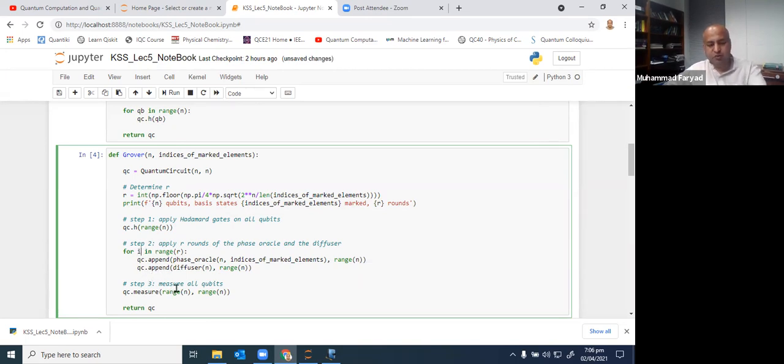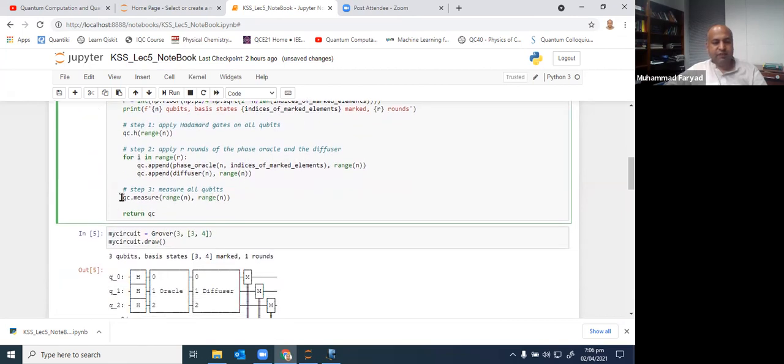But to be a bit less dramatic, let me use i. So this i is not being used anywhere. I'm just R times applying this phase oracle and this diffuser on my quantum circuit, and I'm using this append command to append these circuits.